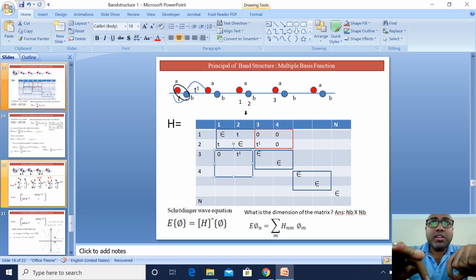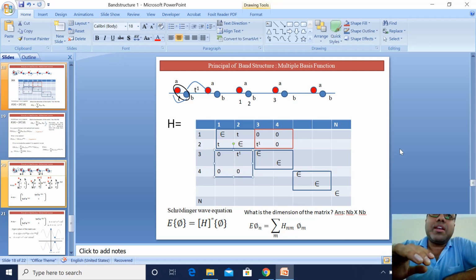Similarly, 3, 1: this is 3 and this is 1. So same thing, it is 0. This kind of matrix we already dealt with, so you know how to write it.